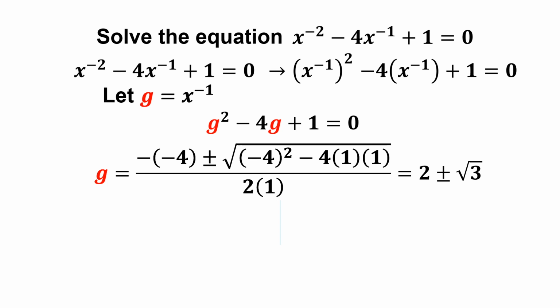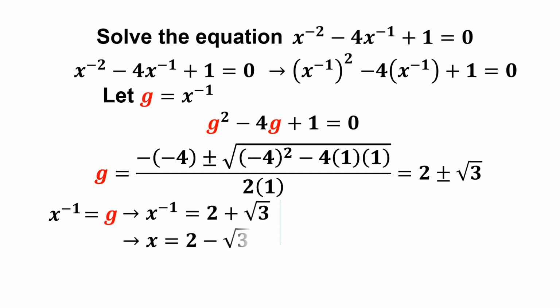But wait, don't stop here. What we just derived are the roots of g squared minus 4g plus 1 is equal to 0 and not the roots of x to the negative 2 minus 4x to the negative 1 plus 1 is equal to 0. Now, since g is equal to x to the negative 1, first replace g with 2 plus square root of 3 and solve for x.